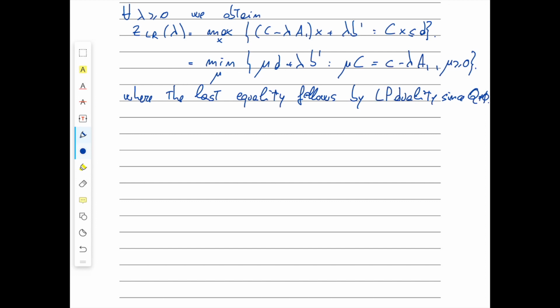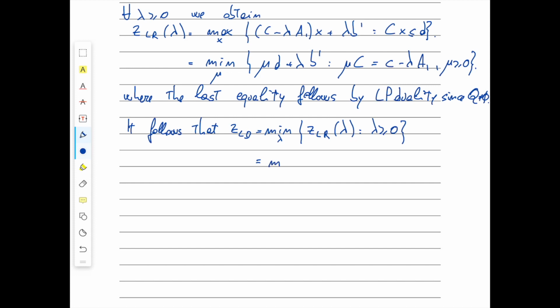At this point, we can finally write our ZLD, our Lagrangian dual, as a pure minimization problem. So it follows that ZLD is equal, by definition, to the minimization problem over lambda of ZLR lambda for every lambda greater than or equal to 0.